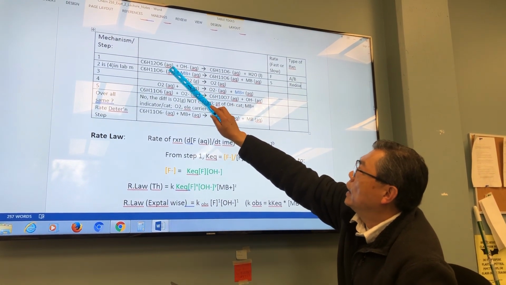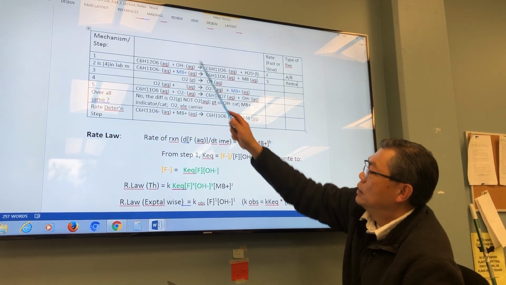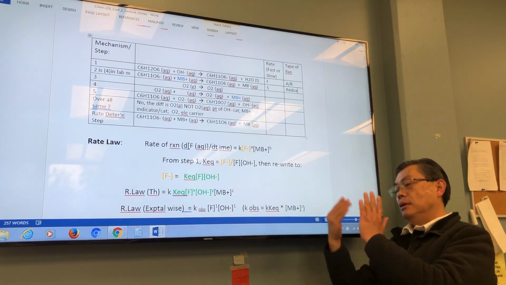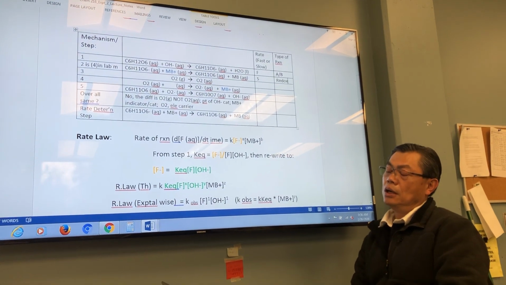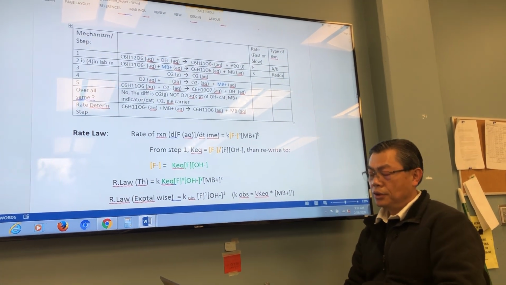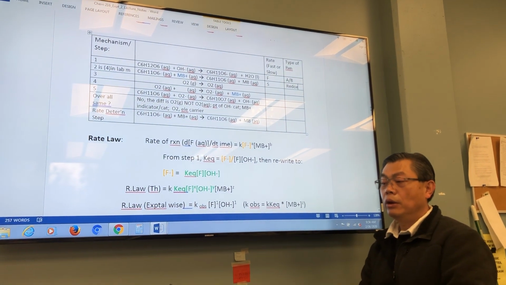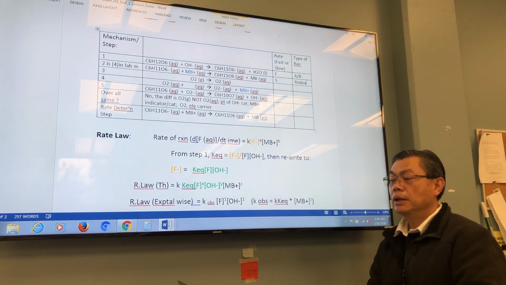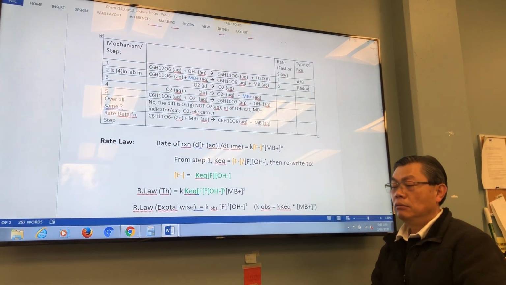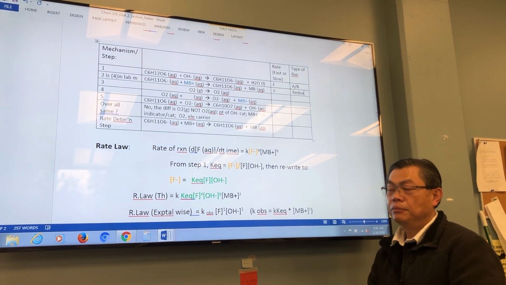So we would say that is the complement of the oxidation of our fructose. But really, we are monitoring the reduction step of methylene blue.